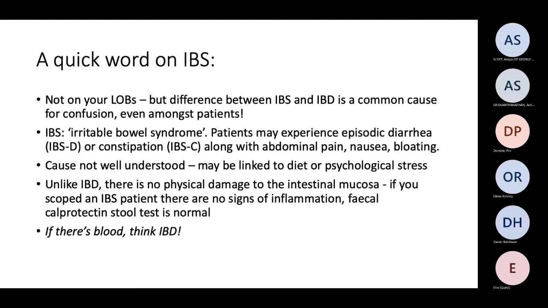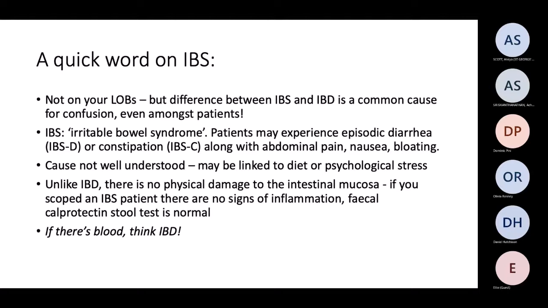It's not really well understood what causes IBS. It's often thought to be linked to diet, or can sort of flare up if people are under a lot of stress. But unlike IBD, there's no actual physical damage to the intestinal mucosa. The symptoms are very unpleasant, but if you were to scope somebody with IBS, there's no actual signs of inflammation, and a calprotectin test will be normal.